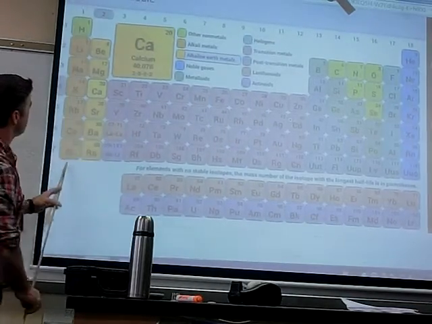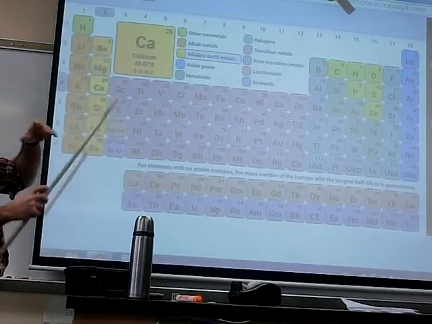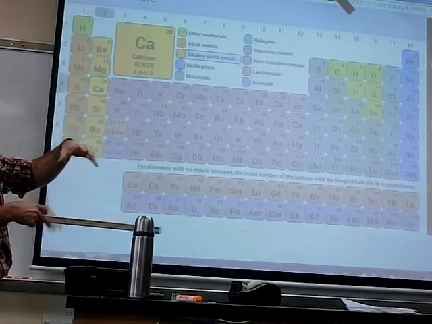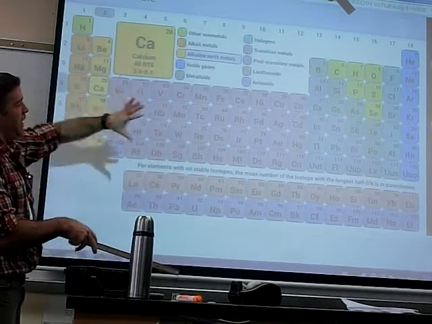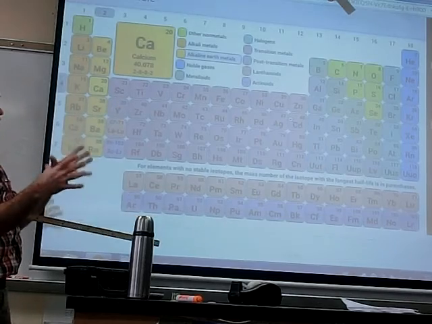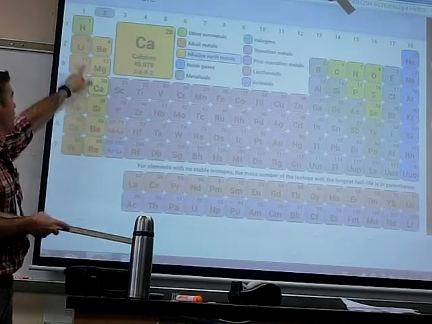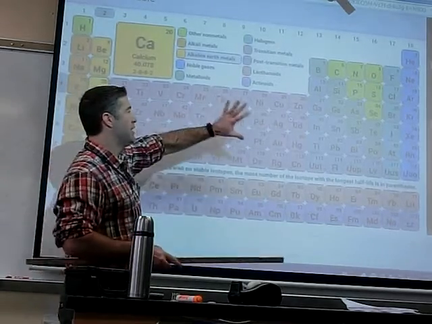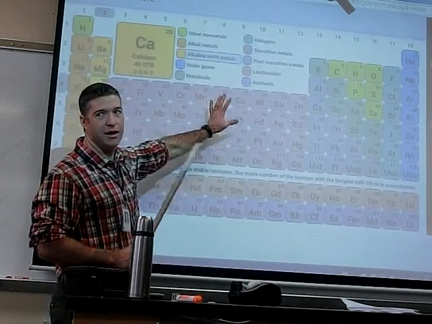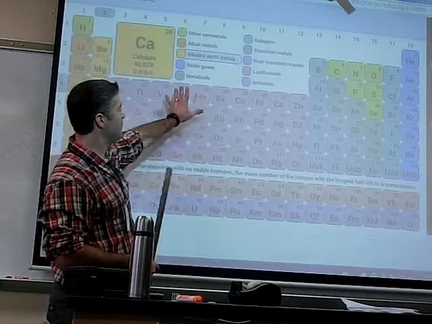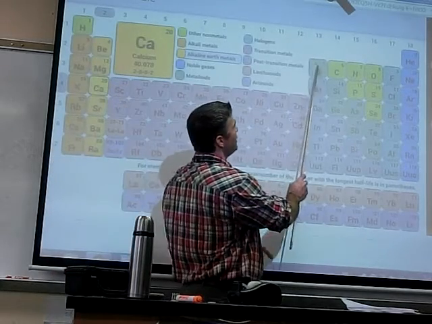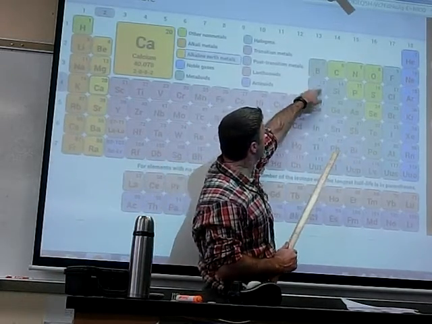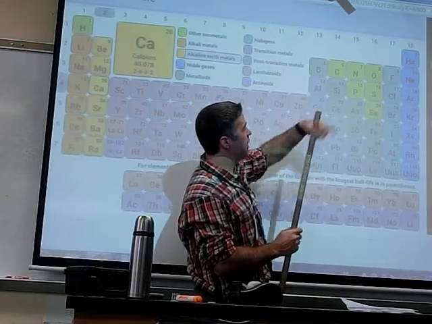So this column, these have 1 electron in their outer shell. Think of these atoms as an onion, just in the outer layer, there's 1 little negative charge orbiting around these. These have 2. All these things are kind of confusing to me, not being a chemistry teacher. But going on, these have 5 electrons orbiting around the outside.